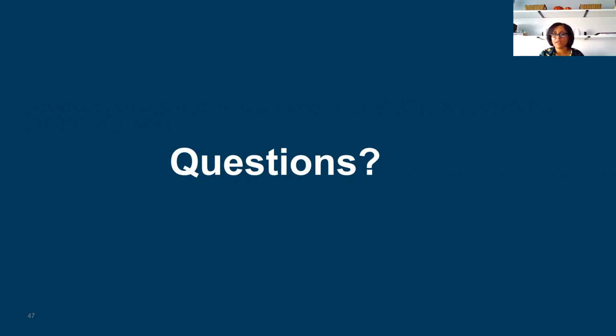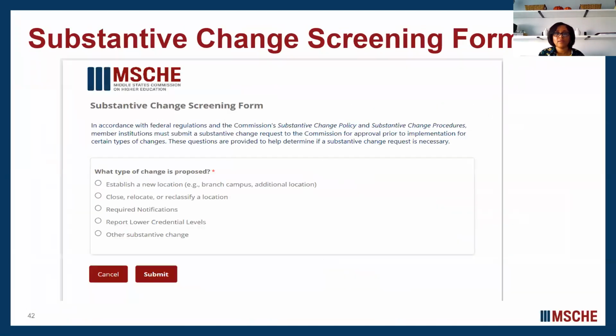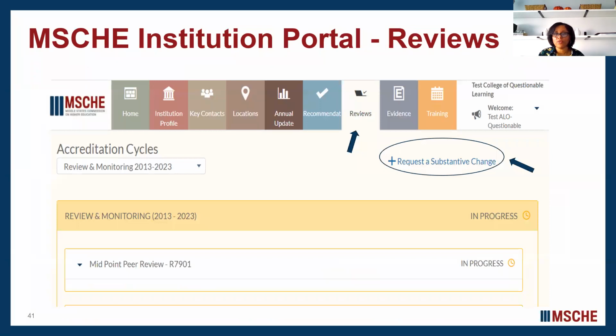The reason for that is, if I go back to, let's say, here in your reviews, if you keep completing screening forms and not uploading the information, your portal will be inundated with a bunch of different reviews created. So we want you to wait until you know for sure that you will be submitting or uploading the request.